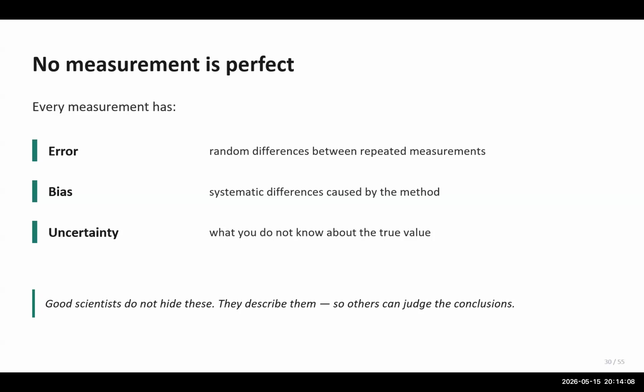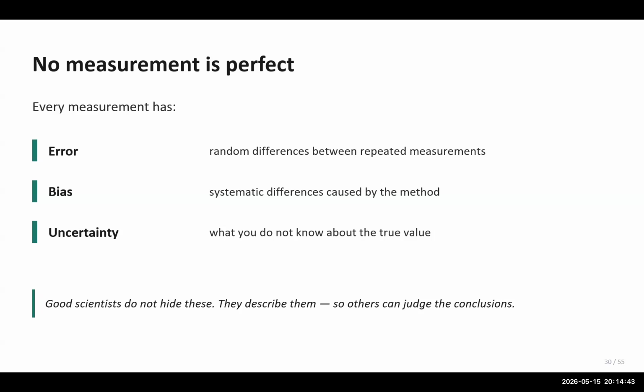There will be an error between measurements, always, slightly, depending on the method, depending on the proficiency of the person measuring. There is always a slight difference. Also, the bias, systematic differences caused by the method itself. Sometimes the method cannot capture reality in the best way. So that means that the method has some bias, and we need to understand that.